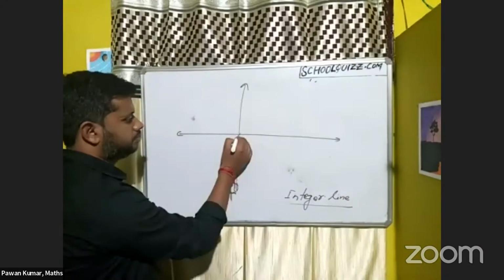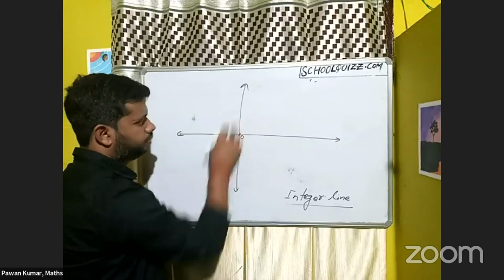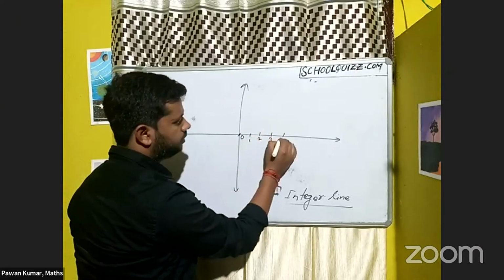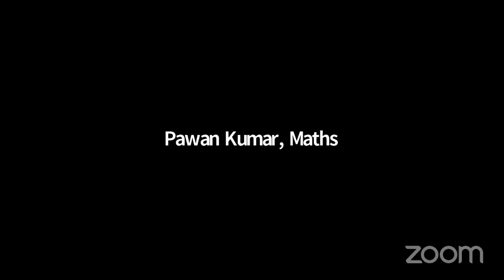Let this point be 0 for both the lines, and then 1, 2, 3, 4, 5, 6, 7 like that, and it will go on. Again, on this side -1, -2, -3, -4, -5 like that.